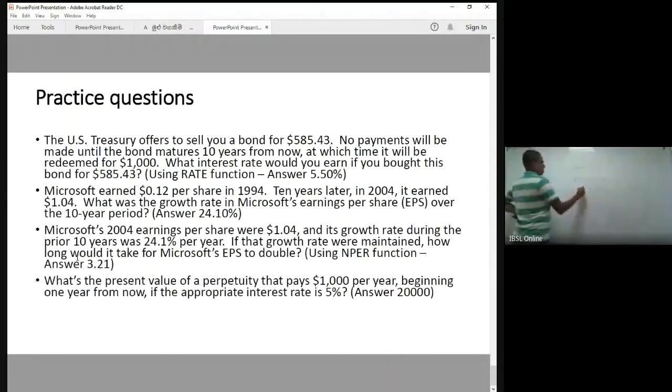The present value is the payment divided by the interest rate, 1,000 divided by 5%. $20,000.